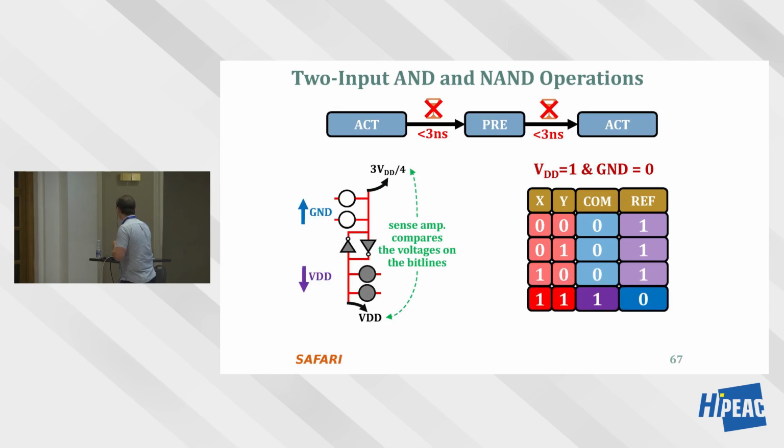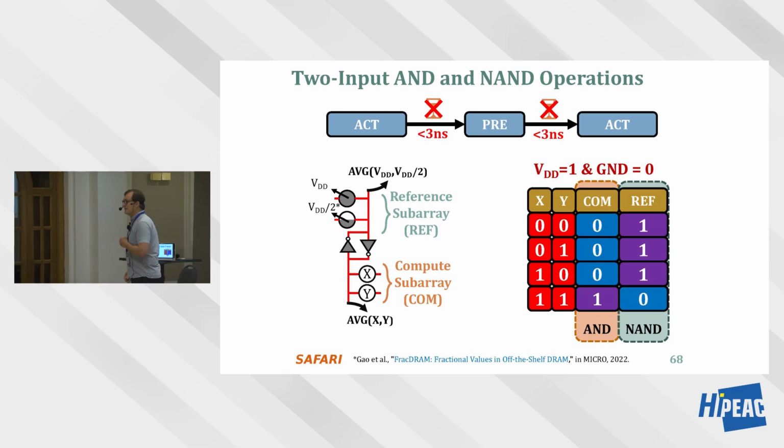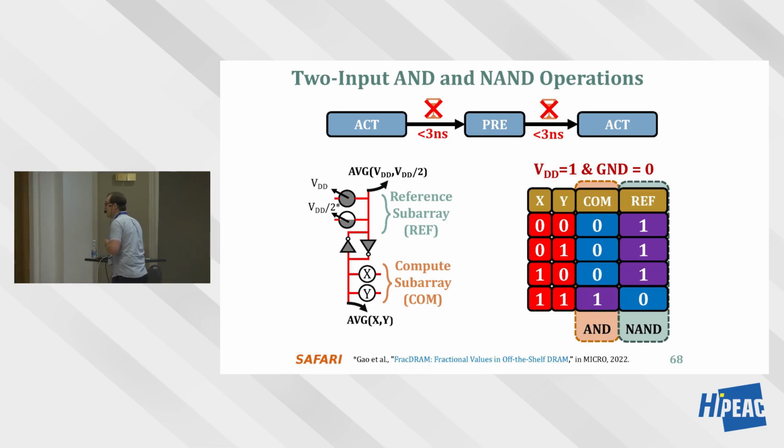When this is 1 and 1, these are both VDD, and this is 3 VDD over 4, which means that when the sense amplifier compares that, the result in the compute subarray will be amplified to VDD, higher voltage, so you get 1 over there, and the result in the reference subarray will be amplified to 0, so you get 0. Now let's take a look at what function we got actually. The function we got in the compute subarray is really an AND of X and Y, and the function we got in the reference subarray is really an AND of X and Y.